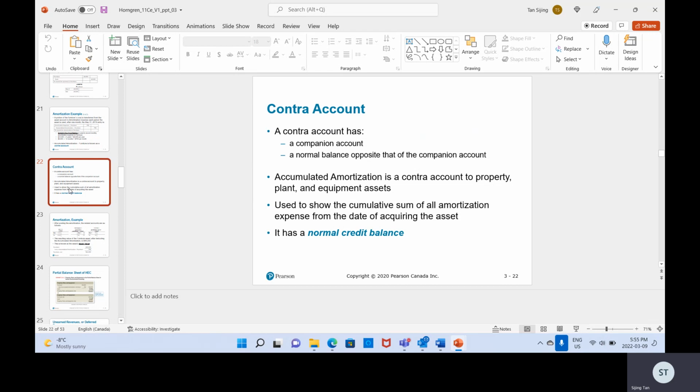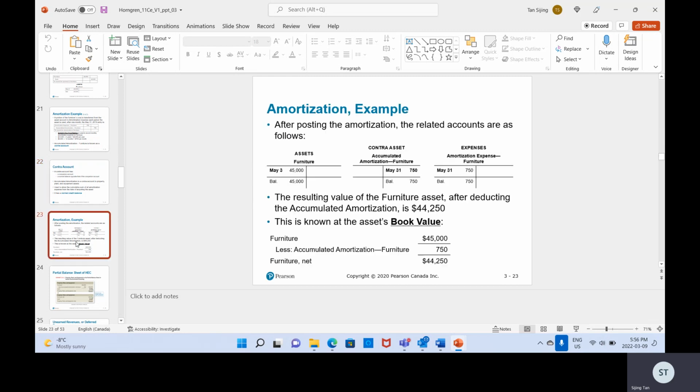Because when the amortization expense happened, you could recognize the expense on the debit, amortization expenses, but you could not credit the assets, right? Because this is a different expenses account. It's not because the asset's revenue decreased. So you cannot do that. Then you have this accumulated amortization account instead of the asset value. That's why we use it. So just remember that the accumulated amortization account will be used.